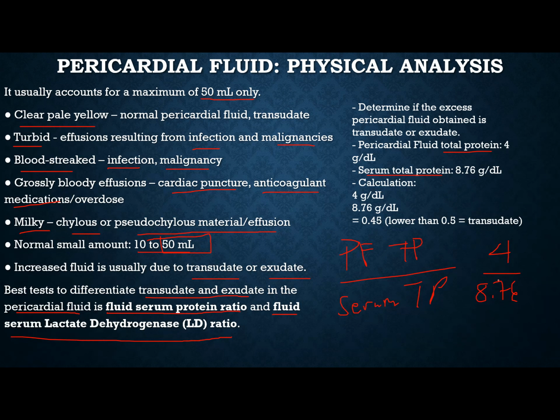So 4 divided by 8.76, you would get 0.45. If it's less than 0.5, class, again, it's a transudate. Less than 0.5, transudate. Greater than or equal to 0.5, class, it's an exudate.